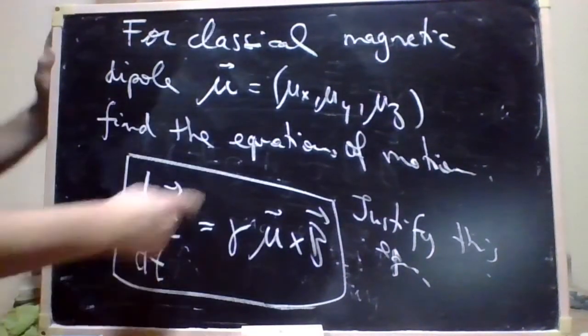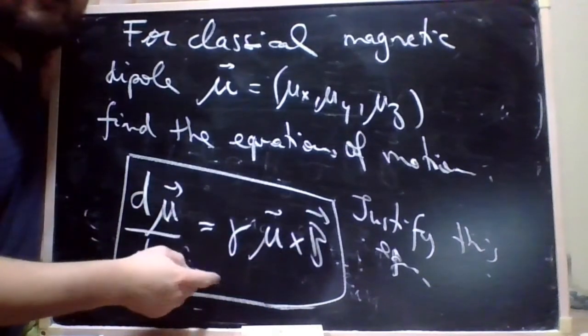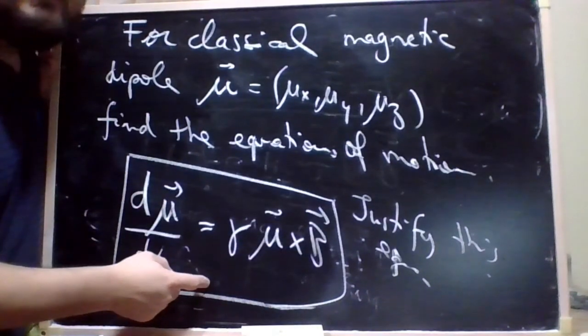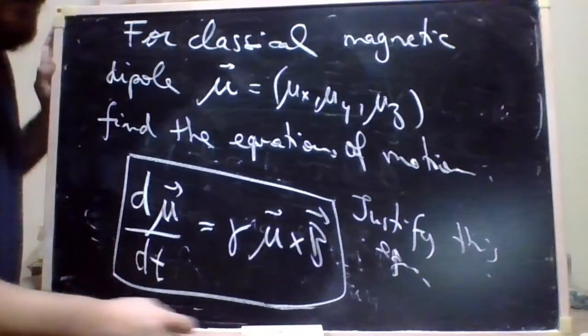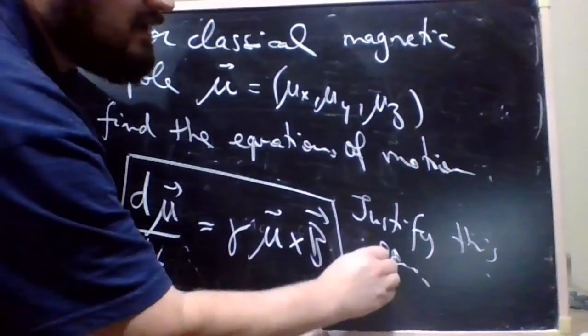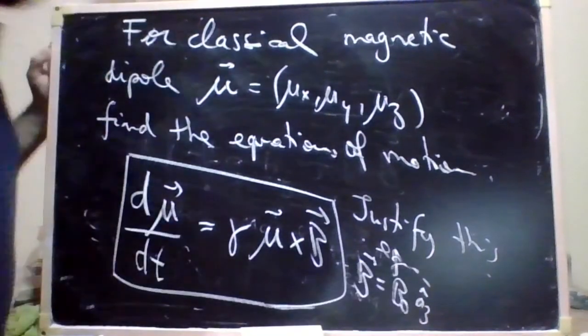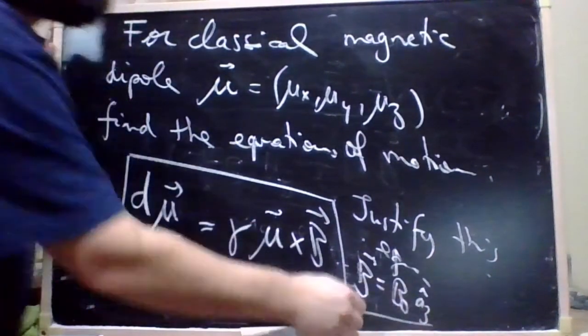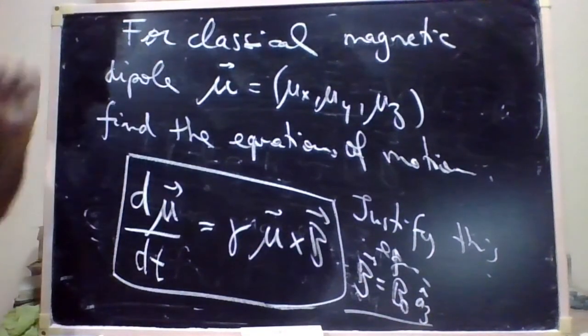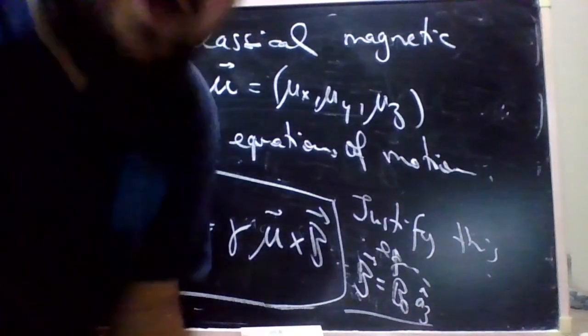But a classical system without loss will be described by this thing here. Suppose, for instance, B is in the z direction, all right? Just to simplify things. So simplify the problem to this and solve this problem, all right? So bye-bye. See you next time.